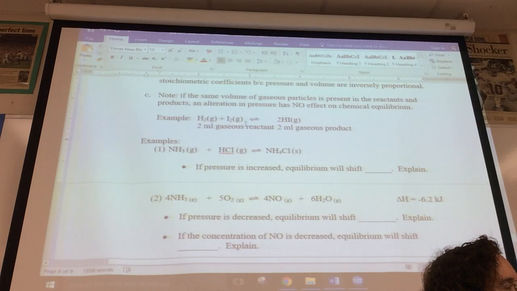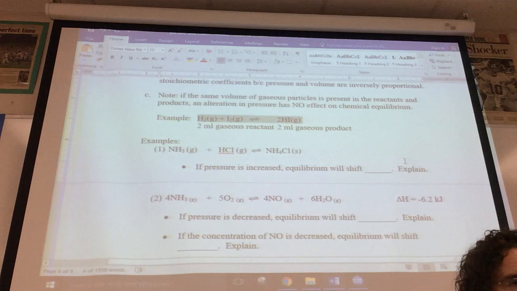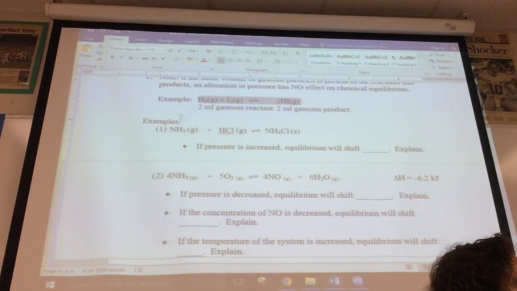If the volume of gaseous reactant and product is equal, increasing or decreasing the pressure has no effect on chemical equilibrium.